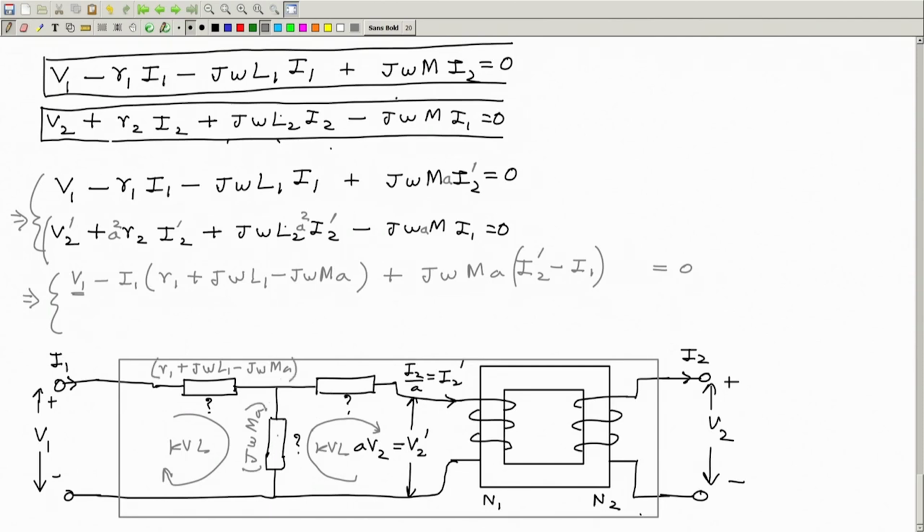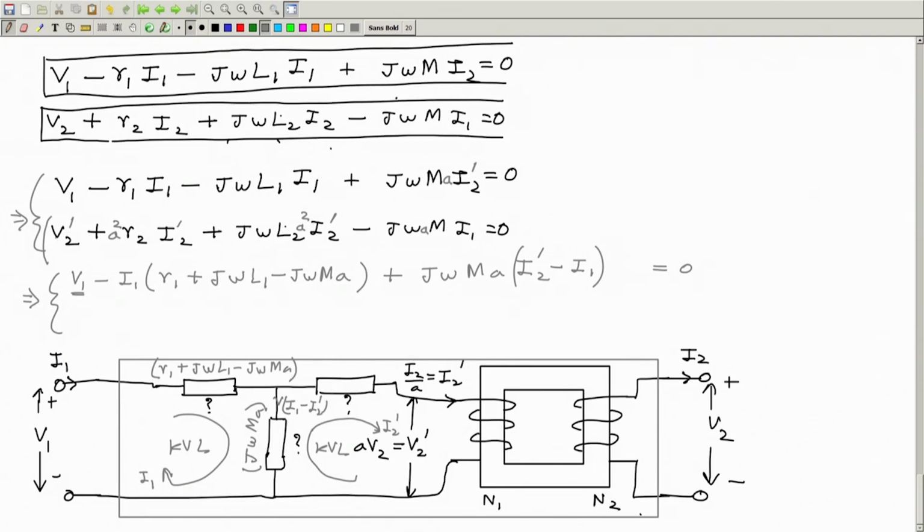Then I will have j omega ma multiplied by, so this current is how much? I1 minus I2 prime. This is this current, I1 going clockwise, I2 prime in the opposite direction. This is I1, this is I2 prime. So this is the KVL equation for this loop, and with this I actually have found this value.